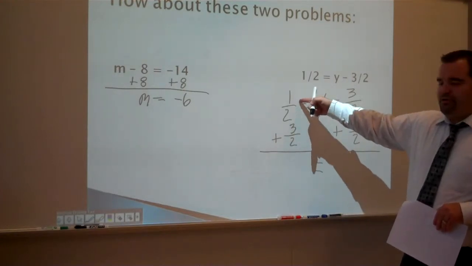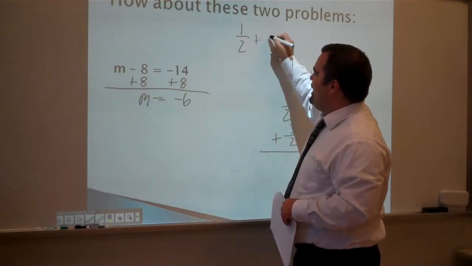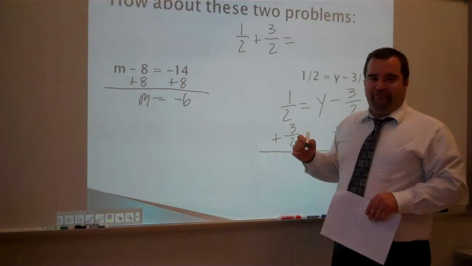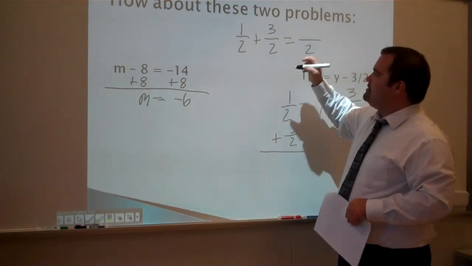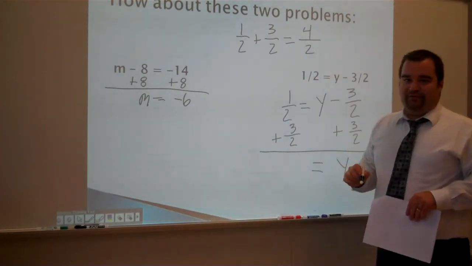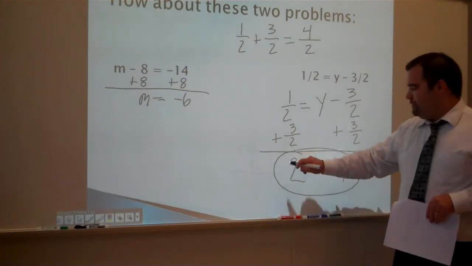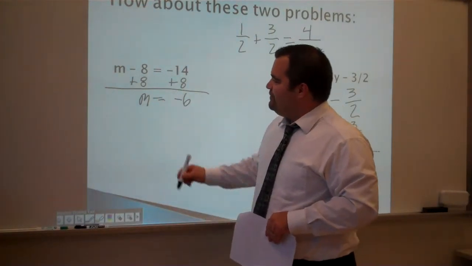Now, it's kind of hard to do fractions like this, so right here I'm going to write it like we would normally see it. 1/2 plus 3/2. When we add our fractions, the denominators are already the same. So we just add across the top. 1 plus 3 is 4. 4 divided by 2. y equals 2.